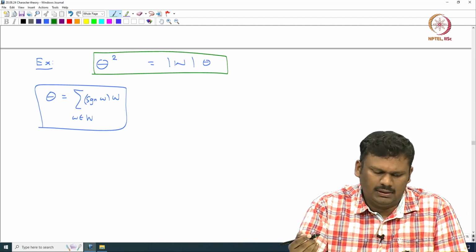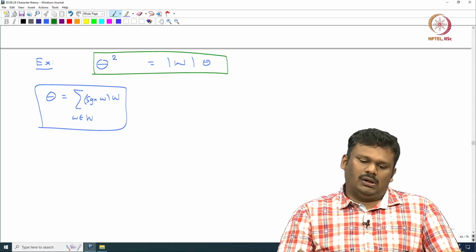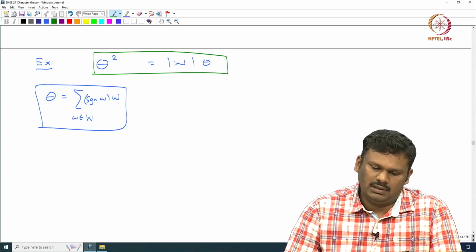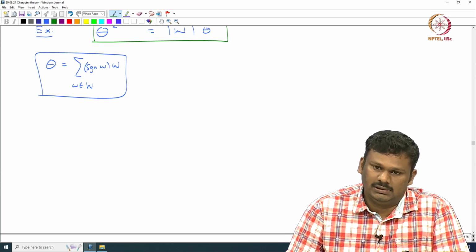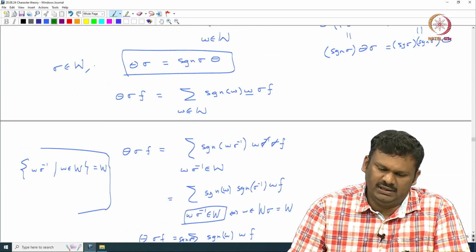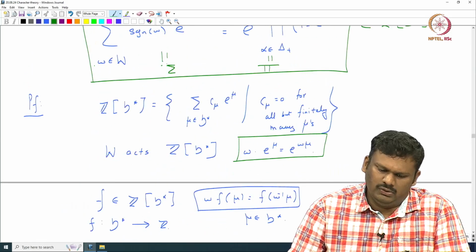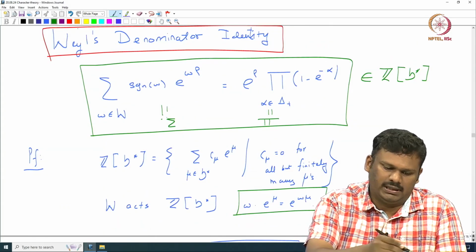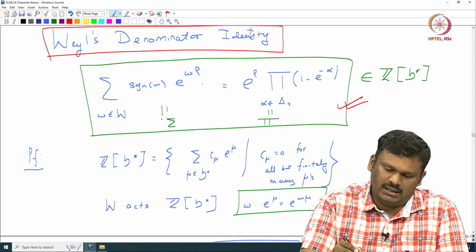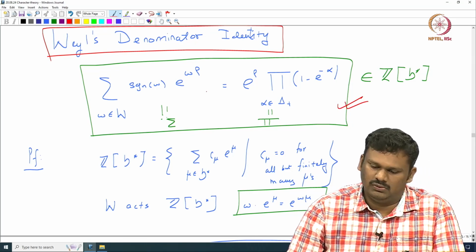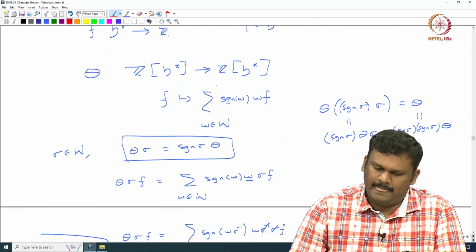So, now we will see how this product behaves. We want to say that the product is also alternating, because that is what is there on the left side. When you look at the denominator identity, this left side is actually alternating. So, that is what we should get on the right side as well.